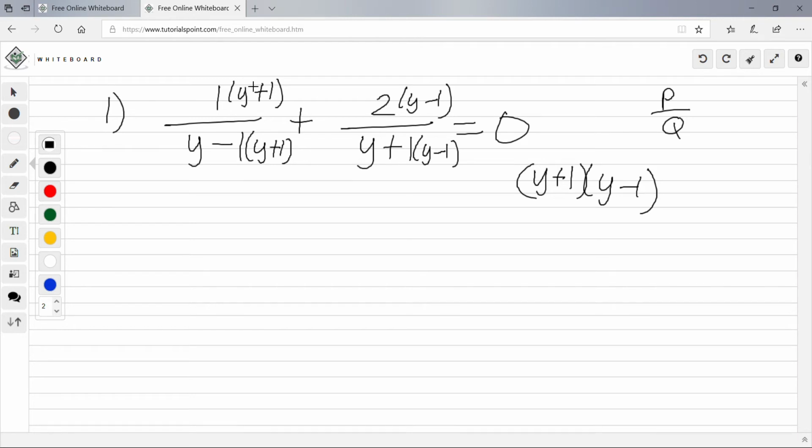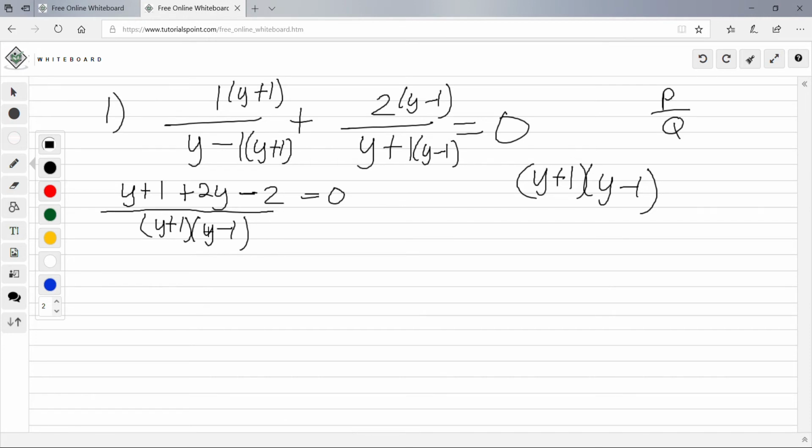So 1 times y plus 1 is y plus 1. And then 2 times y minus 1 is 2y minus 2, equals 0. And divided by the common denominator, y plus 1, y minus 1.